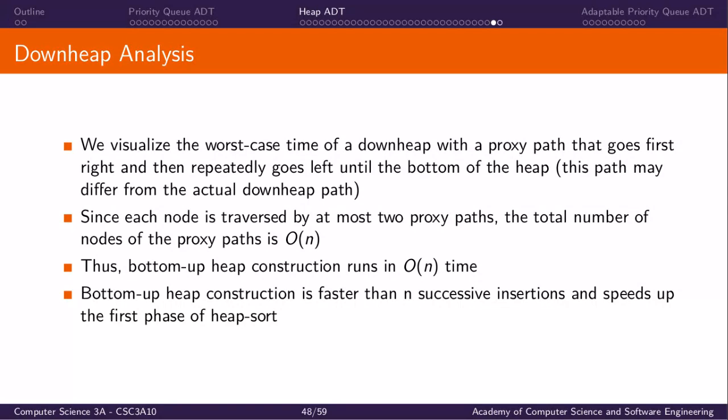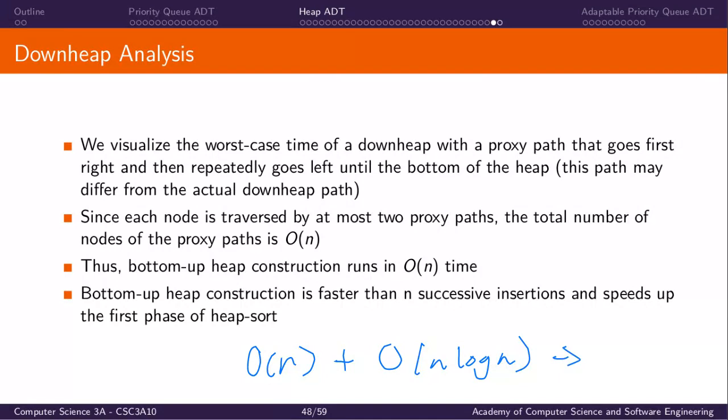And so this now speeds up the first phase of our heap sort. So we're able to now have a sort that uses a priority queue that has 2 phases. The first of which will be order n time, the second of which will be order n log n time.